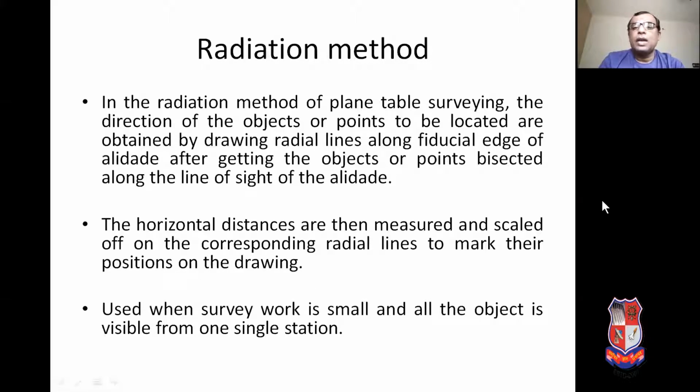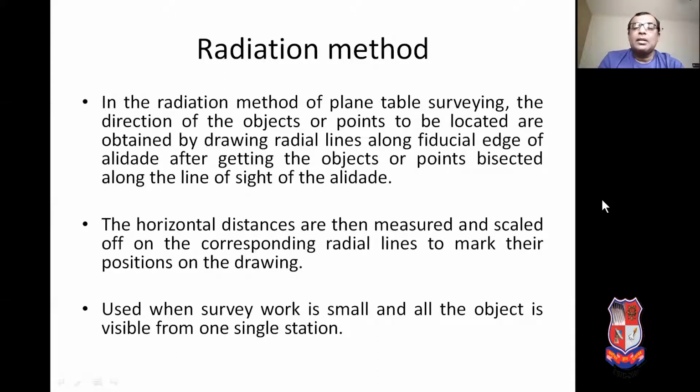First is the radiation method of plane table surveying. In the radiation method of plane table surveying, the direction of the objects or points to be located are obtained by drawing the radial lines along the fiducial edge of the alidade after getting the objects or points bisected along the line of sight of the alidade.